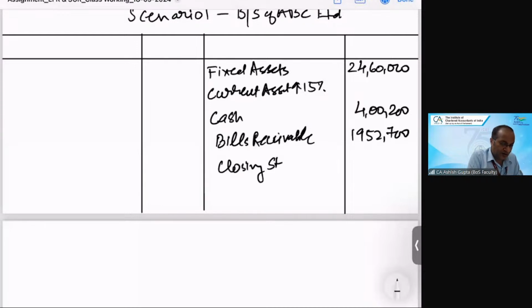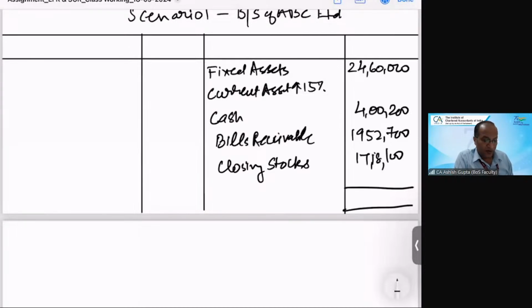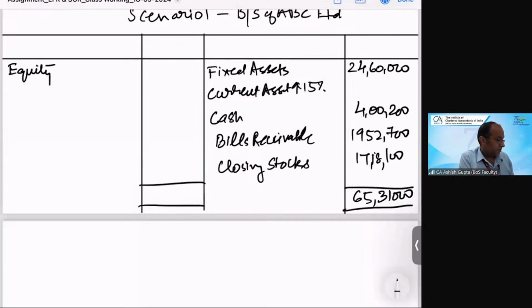I'm just increasing all the figures by 15%. Okay, the total comes here 65 lakh 31,000. Clear? Now I write down here the equity figure. Okay, I write down here 45 lakh.